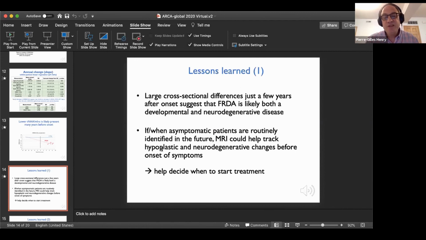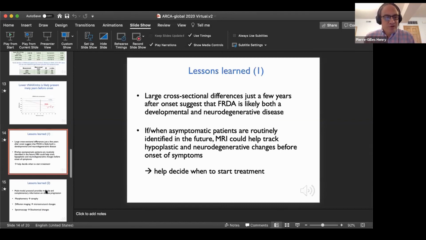And that means that if and when asymptomatic patients are routinely identified in the future, MRI could help track hypoplastic and neurodegenerative changes even before the onset of symptoms, and that would help decide when to start treatment. So I can see a large role for MRI in trying to answer those questions of when to start treatment during development.